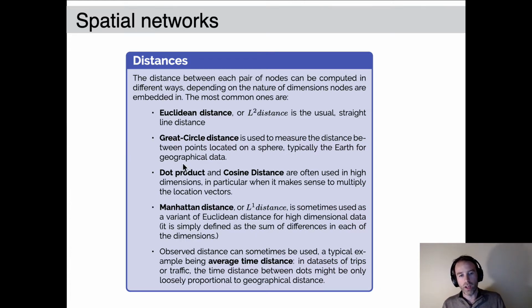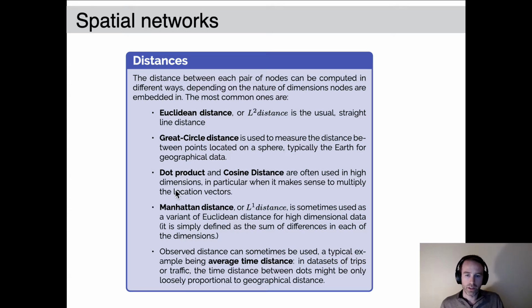If you have points which are located a little bit everywhere on Earth, so far away, you cannot really use Euclidean distance because the Earth is a sphere. So you need to use a great circle distance, which will compute the distance between two points on a sphere according to the trajectory you need to take to go from one to the other, respecting the curvature of the Earth.